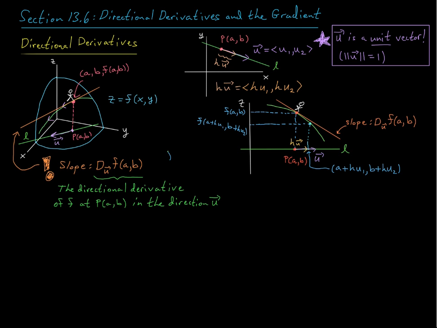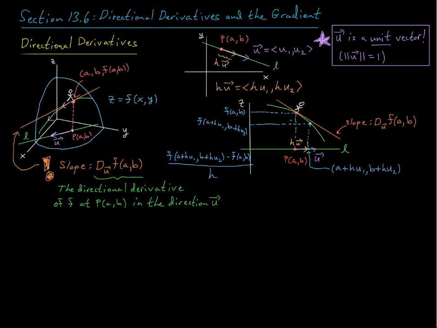So this is going to be f of a plus h u1, comma b plus h u2, minus f of a, b. This numerator is just the change in my altitude, and I'm going to divide that by the step size, which is h.